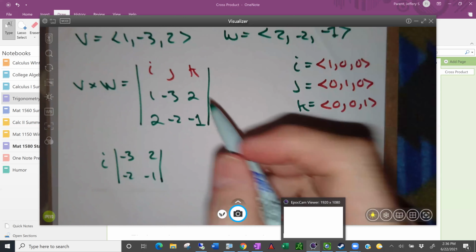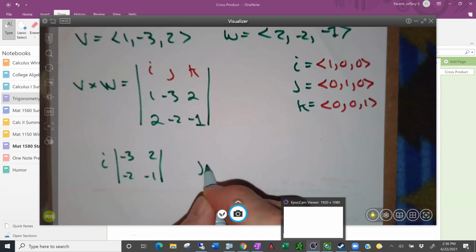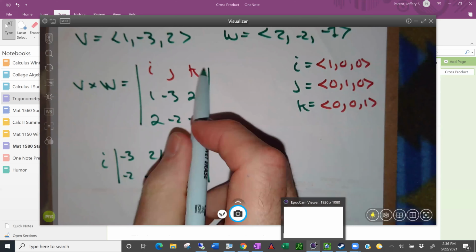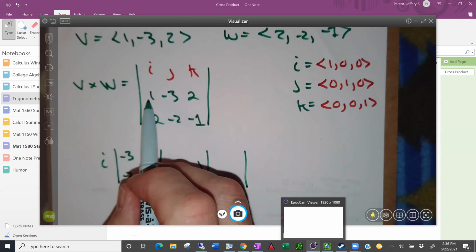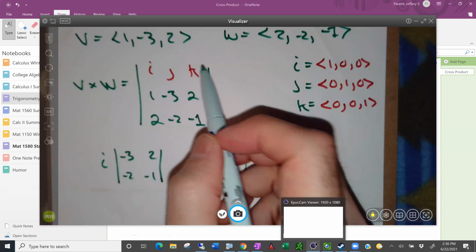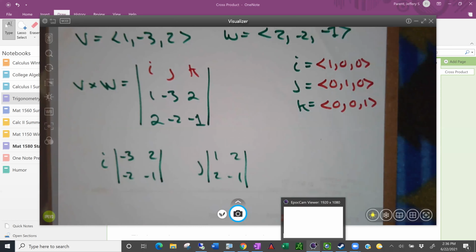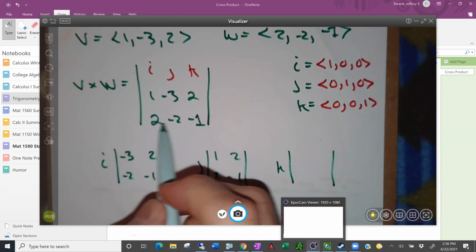For the j part, we're going to do similar. j, and cross off the top row and the middle column, leaving behind 1, 2, 2, negative 1. And last but not least, the k, cross off the top row and the third column, is going to be k times 1, negative 3, 2, negative 2.